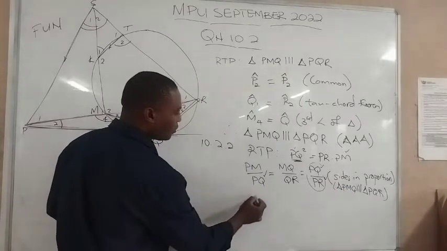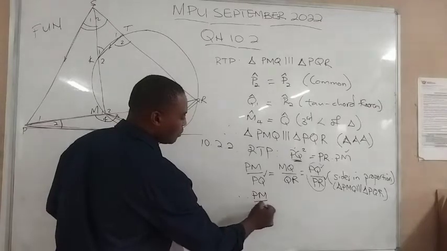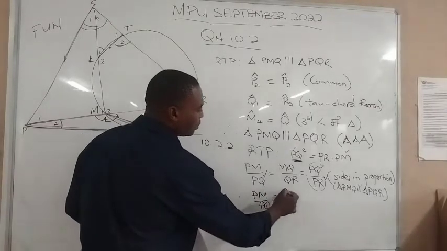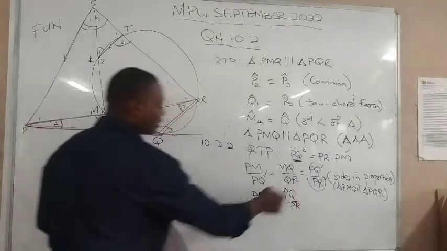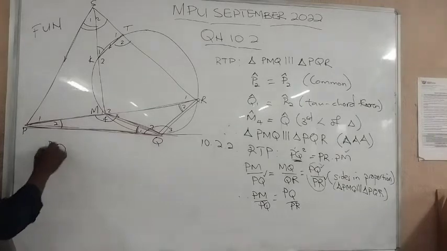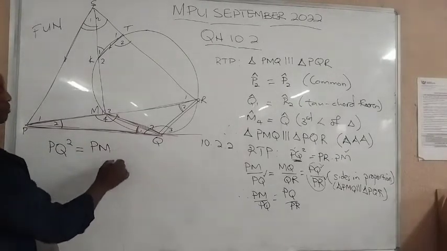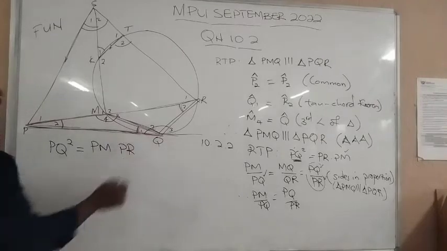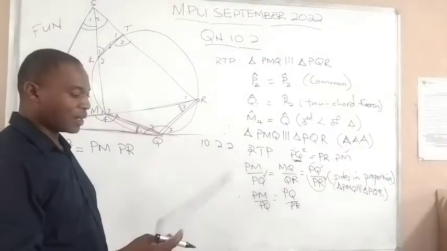So that's what we are taking. Therefore, PM over PQ is equal to PQ over PR. And then cross multiplying, we'll get PQ squared is equal to PM times PR. And that's what was needed just to get these marks.